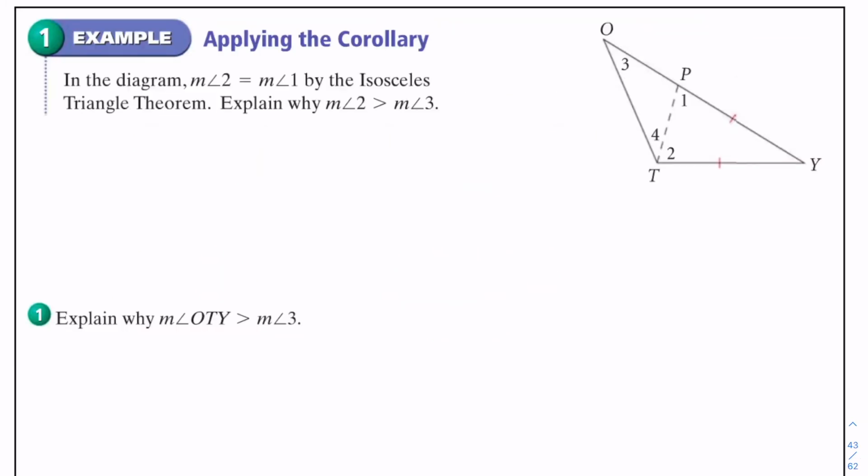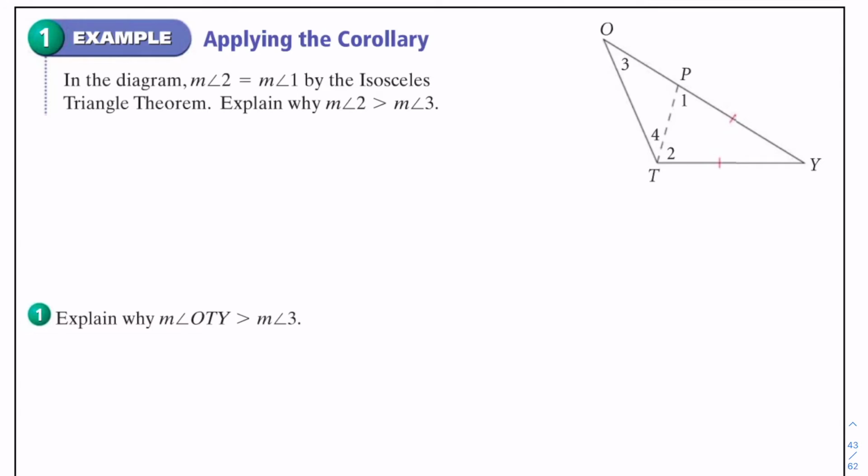All right, let's take a look here. Example 1, applying the corollary. So in the diagram, measure of angle 2 is equal to the measure of angle 1. So what that means is that if measure of angle 2 is greater than anything, then we can say the same thing about 1, that 1 is also greater than that thing, or vice versa. So by the isosceles triangle theorem, explain why the measure of angle 2 is greater than the measure of angle 3.